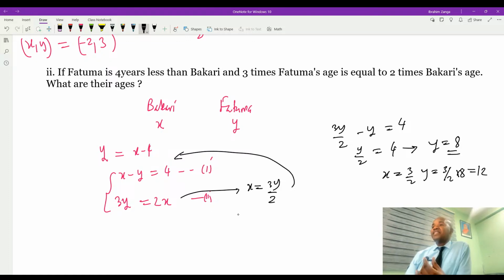So what are their ages? Mind you, we got x equals to 12 and y equals to 8. These are years.